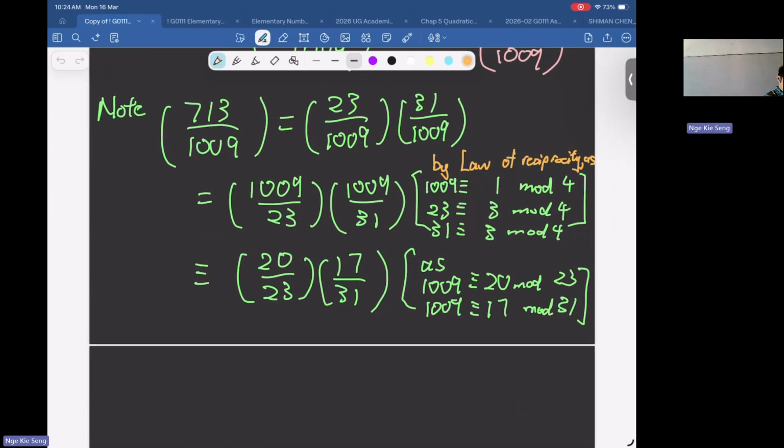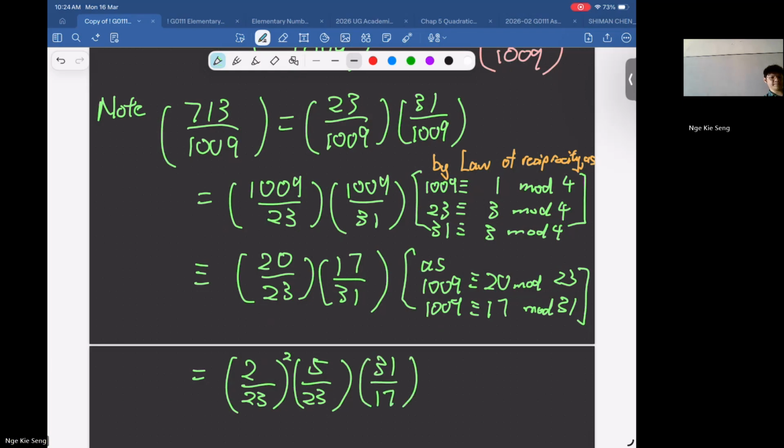Then you can further split your Legendre symbol into 2 squared times 5. And then for the 17, you can swap again because they are 2 odd primes. So for this swap here, we note that one of them is also 1 mod 4, so there's no sign occurring here. And 17 and 31 are odd primes.